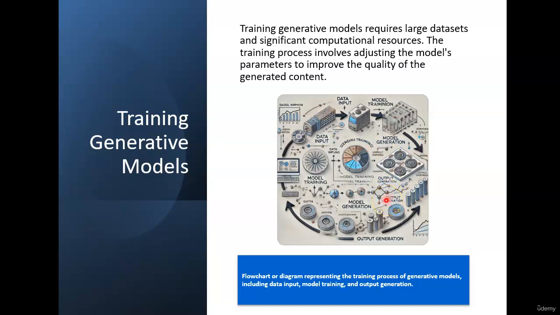During training, the model learns to create outputs that are increasingly similar to target data. For example, in a GAN, the generator gets better at fooling the discriminator over time, resulting in more realistic images or text. This iterative training process is key to developing effective generative AI models.